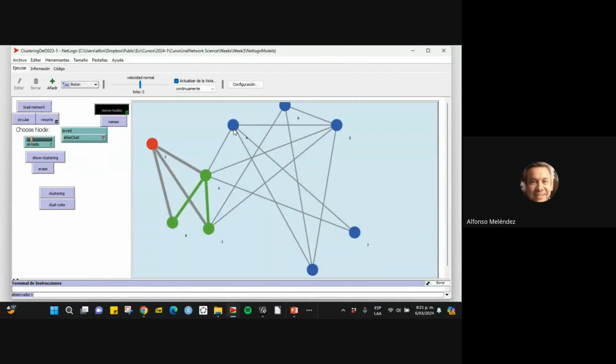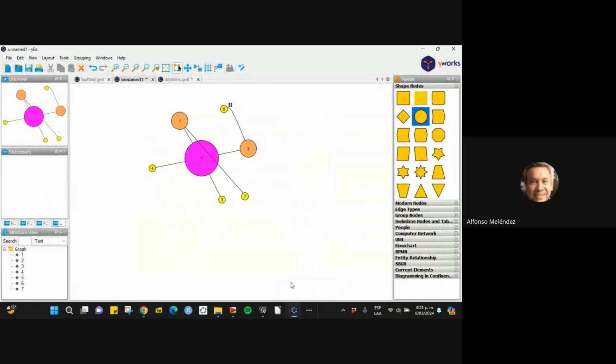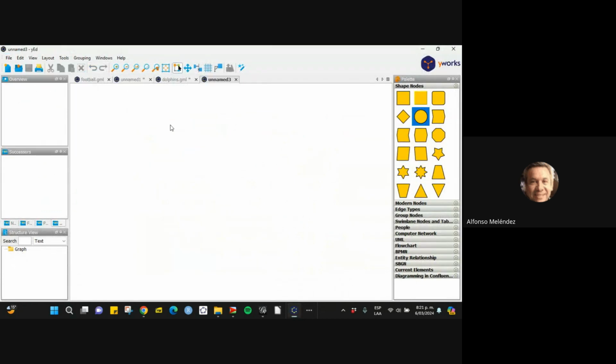Let me show an example of a node with 4 neighbors. For example, node 4. What is the clustering coefficient of this node? How many neighbors? 4. When I have 4 nodes, what is the maximum number of connections? 1, 2, 3, 4, 5, and 6.